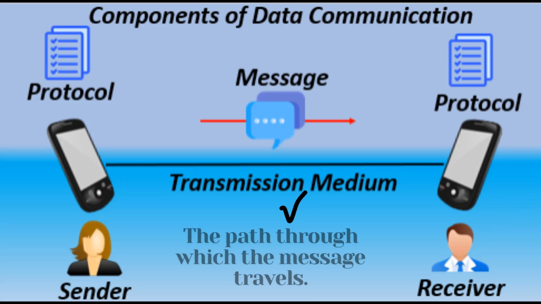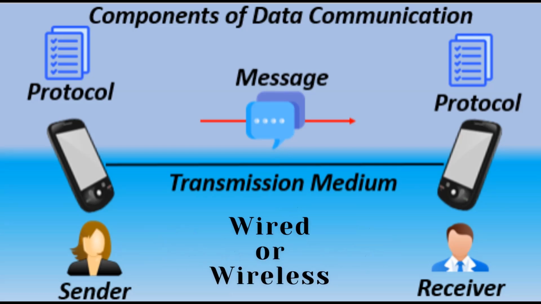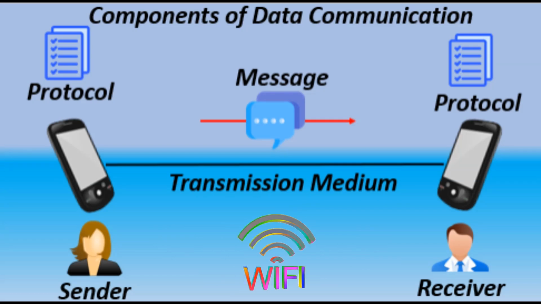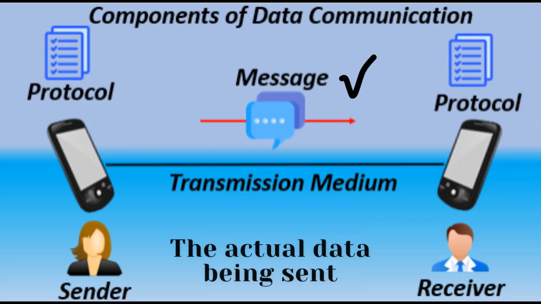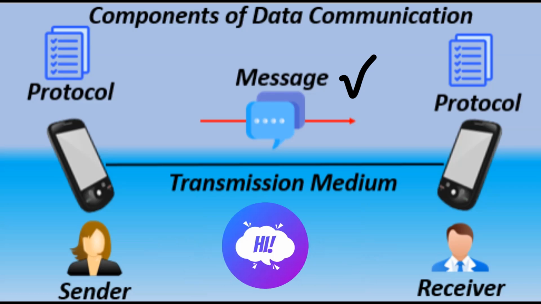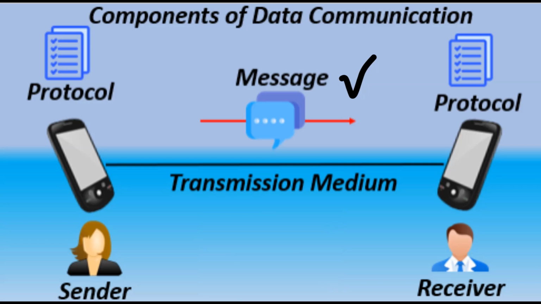Transmission medium. The path through which the message travels, it can be wired or wireless. Examples, Wi-Fi, mobile network, fiber optic cable, Bluetooth. Message. The actual data being sent, it can be text, an image, audio, or video. Example, the happy birthday message you typed and sent.